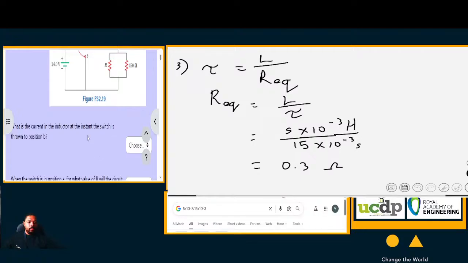For some reason, that's wrong. Clear. Oh, here it is, exponent. Wonderful. 5 exponent negative 3 divided by 15 exponent negative 3 as well. Equals 0.3. Yep, so I was correct.